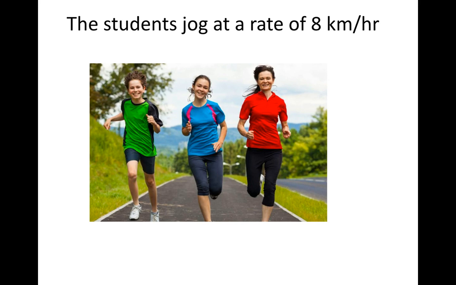Well, if you take a look at what you're doing there, you are comparing. So in the numerator, you have 8 kilometers, and in the denominator, you have 1 hour. And what you're doing is comparing the amount of distance that changes over time, 8 kilometers an hour.